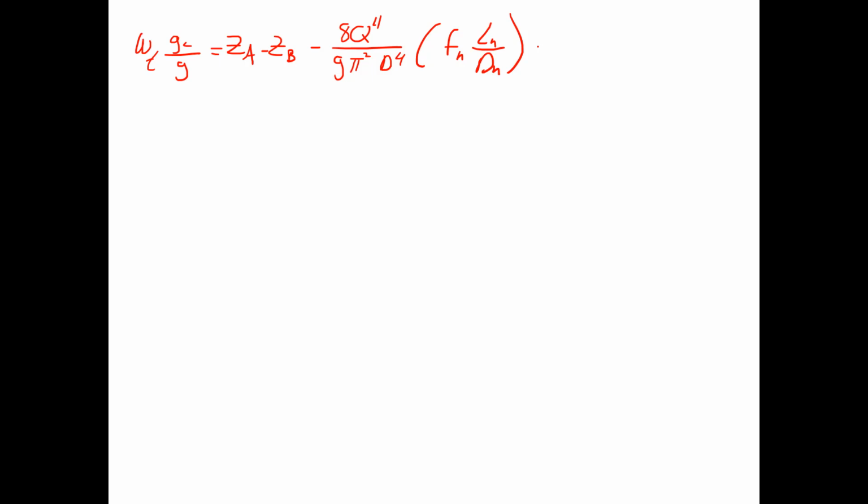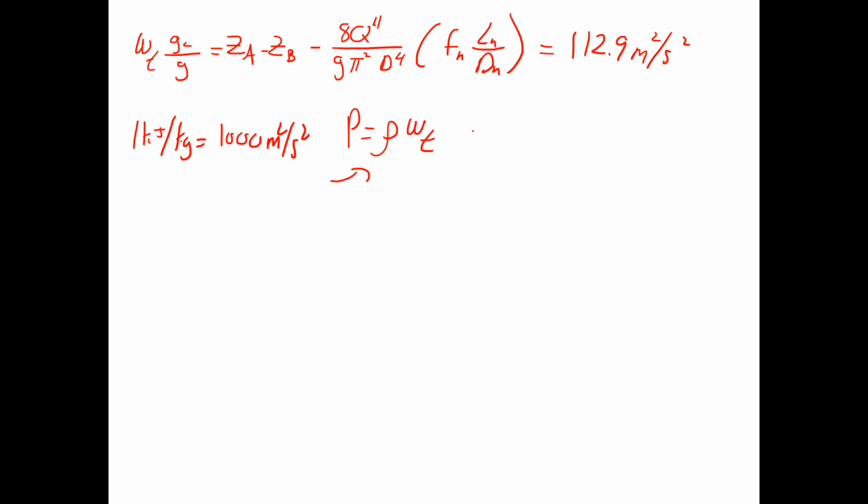When we go through these calculations, again, minor losses aren't included. We get 112.9 meters squared per second squared. If we use that to find the power, taking in the right conversions, remember 1 kilojoule per kilogram is equal to 1,000 meters squared per second squared. That has to be taken into account in this equation.